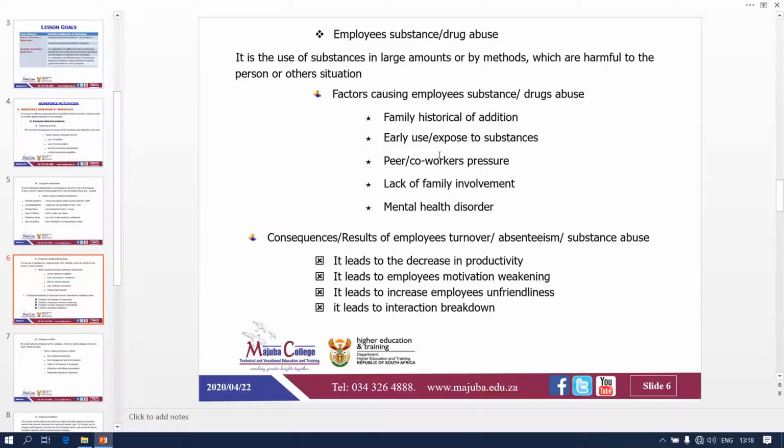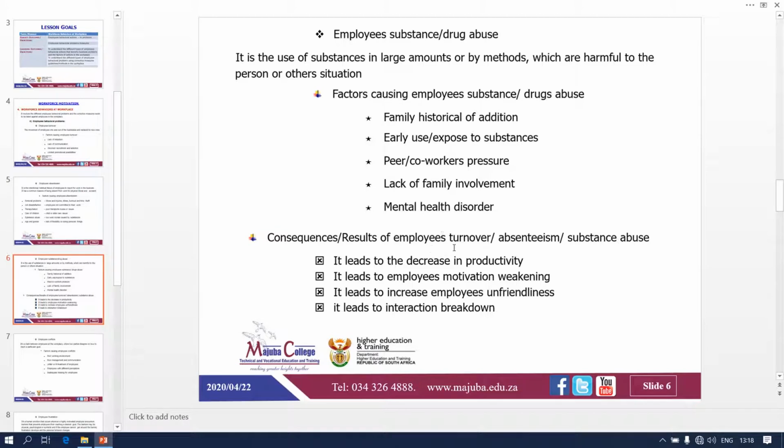Consequences now of the first three that we spoke about: employee turnover, absenteeism, and substance abuse. They lead to a decrease in productivity in the business, employees' motivation weakening, an increase in unfriendliness, and interaction breakdown.